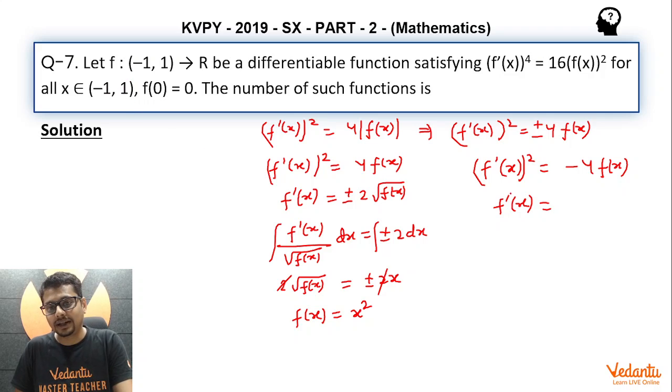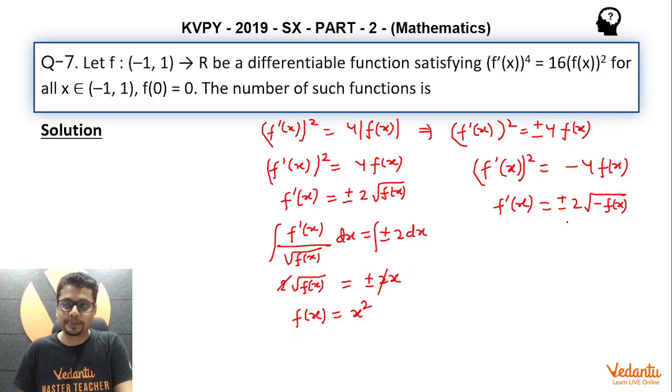So that means f'(x) is equal to plus minus 2 root of minus f(x), because f(x) is supposed to be non-positive. So I'm supposed to consider this way. Again, mod f(x) would open as minus f(x) if and only if f of x is non-positive. Hence, f'(x) equal to plus minus 2 under root minus f(x).